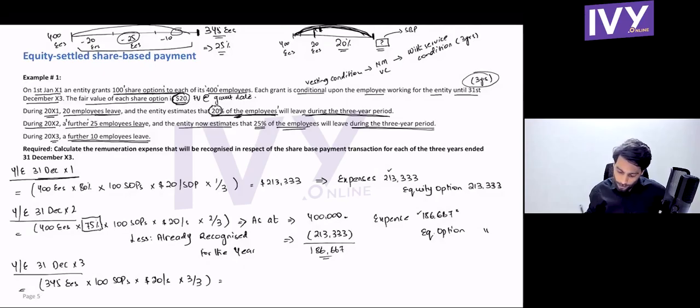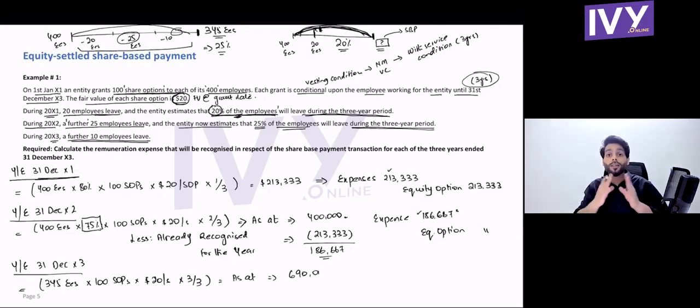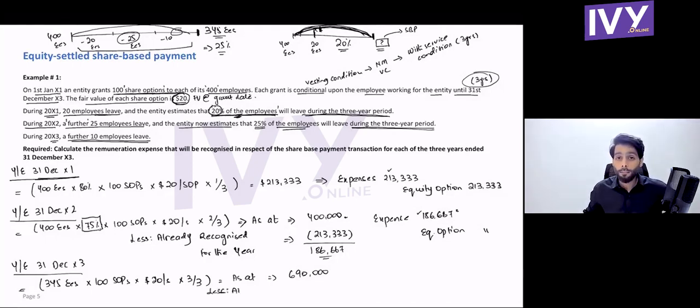Now, since we are doing 3 by 3, we will get the third year as-at figure. I'll just do this calculation: 345 into 100 into 20 into 3 by 3 is 690,000 expense for the 3-year period. For the 3-year period, this is a cumulative as-at amount. In order to get the P&L charge, we will subtract the already recognized amount. How much have we already recognized before this third year?